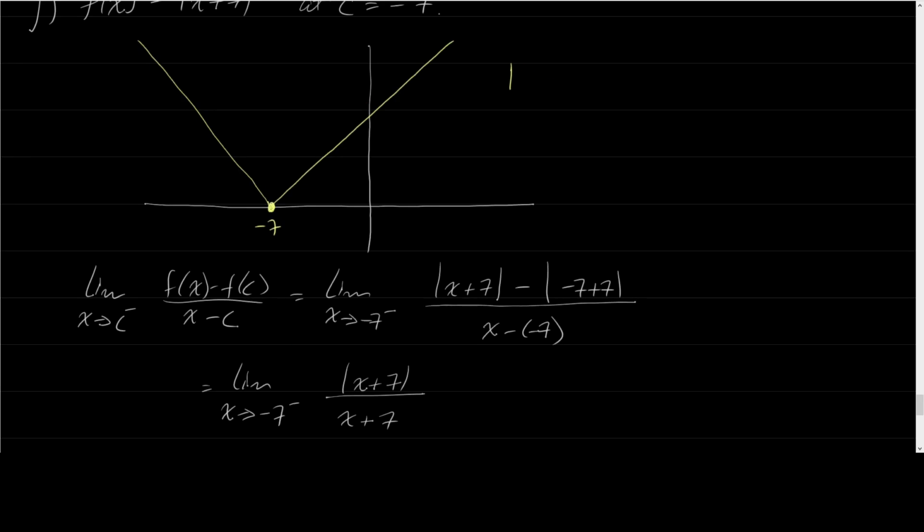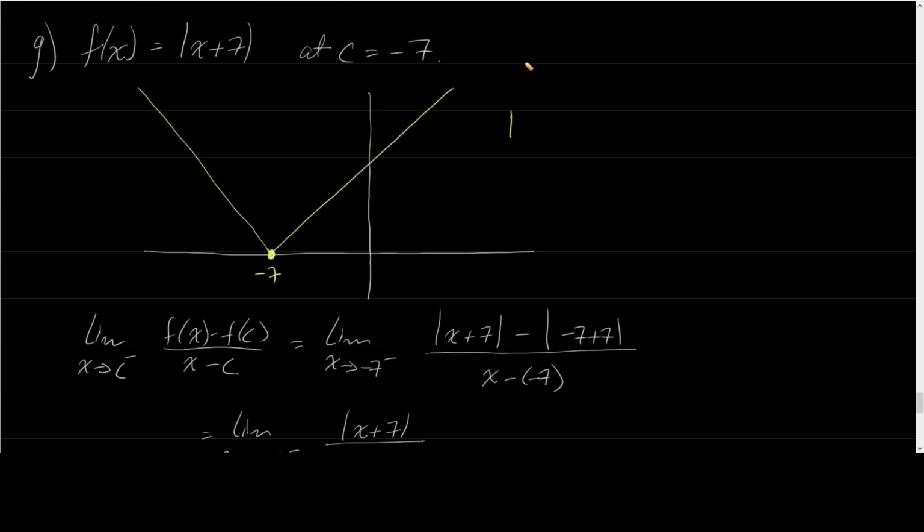Now, if you recall, the absolute value of a function, in this case x plus 7, can be rewritten as x plus 7 for values to the right of our intercept. So for x greater than or equal to -7, and it would be the negative of x plus 7 for values to the left of -7.